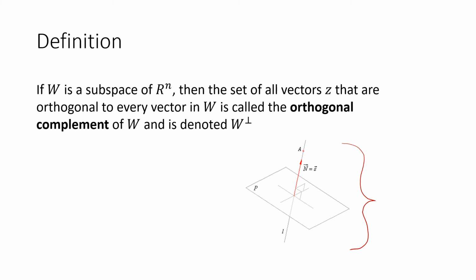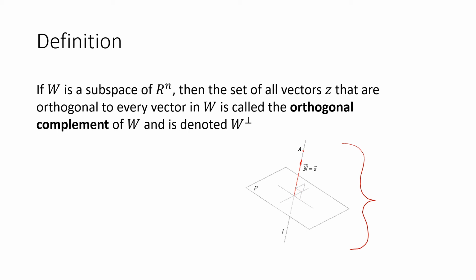Well, you can have an entire plane. So you have a whole plane here. And what's orthogonal to that? The line that's at a right angle to it, going through the origin, where everything is going through the origin. This gives us a wider definition of orthogonality.